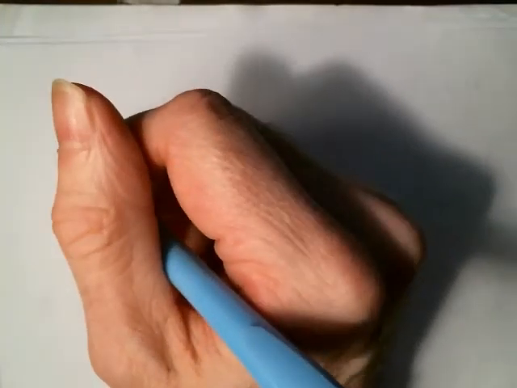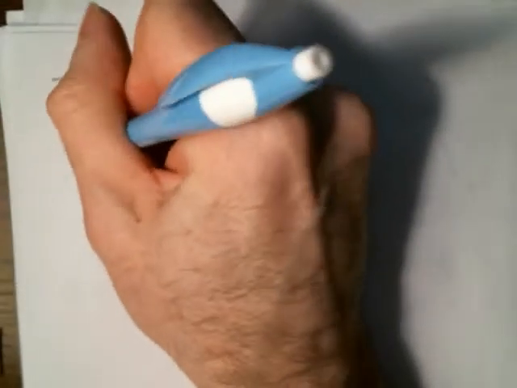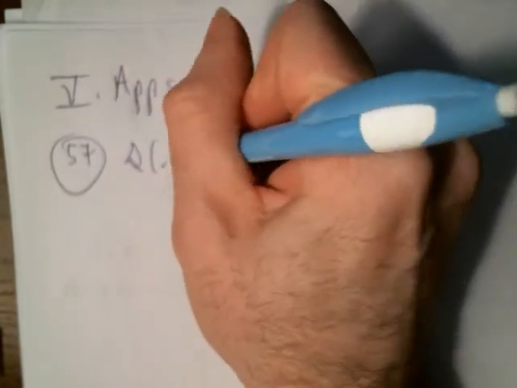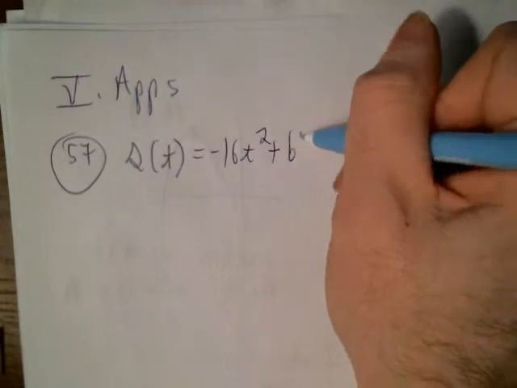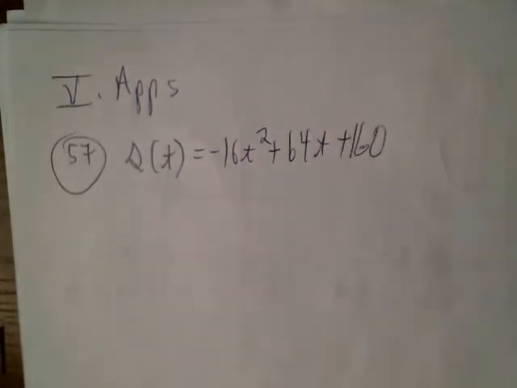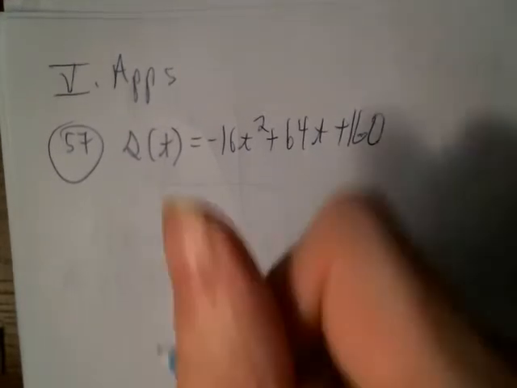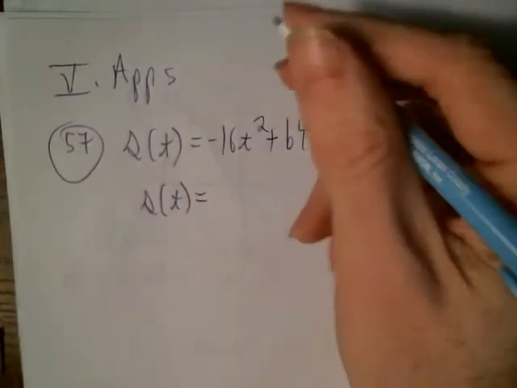And one application here we'll look at has to do with throwing a ball. Section 5, applications. So it's number 57. We have a formula given, S of t equals negative 16t squared plus 64t plus 160. S of t tells you the height of the ball above the ground.